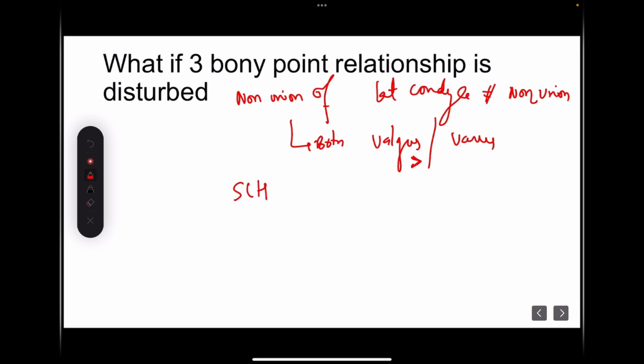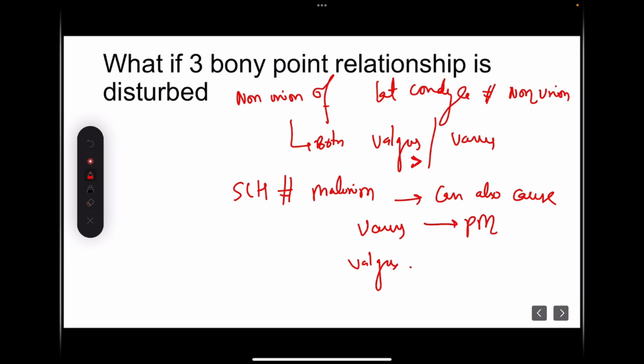And supracondylar humerus fracture malunion can also cause both the deformities, varus and valgus. How? In posterior-medial type, that is commoner one, you have varus deformity, but in posterior-lateral displacement, you will have this cubitus valgus deformity that you should always remember.